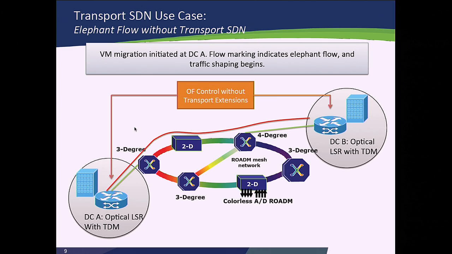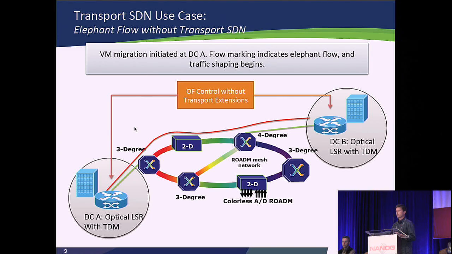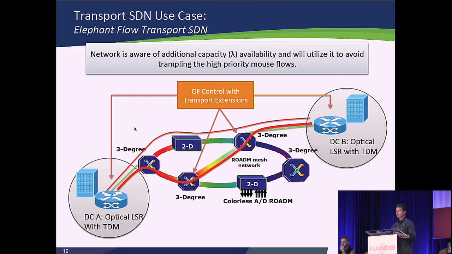So in this case, you have, let's say, a VM migration or a data backup between data center A on the left and data center B. Without SDN control, the traffic shaping will start, and there exists a possibility that your mouse flows will get trampled on the same path. With an SDN implementation, flow marking will indicate the elephant flow to the controller, and that will trigger the controller to diversely route the data over what might be a protection link or just some overcapacity between the two nodes.